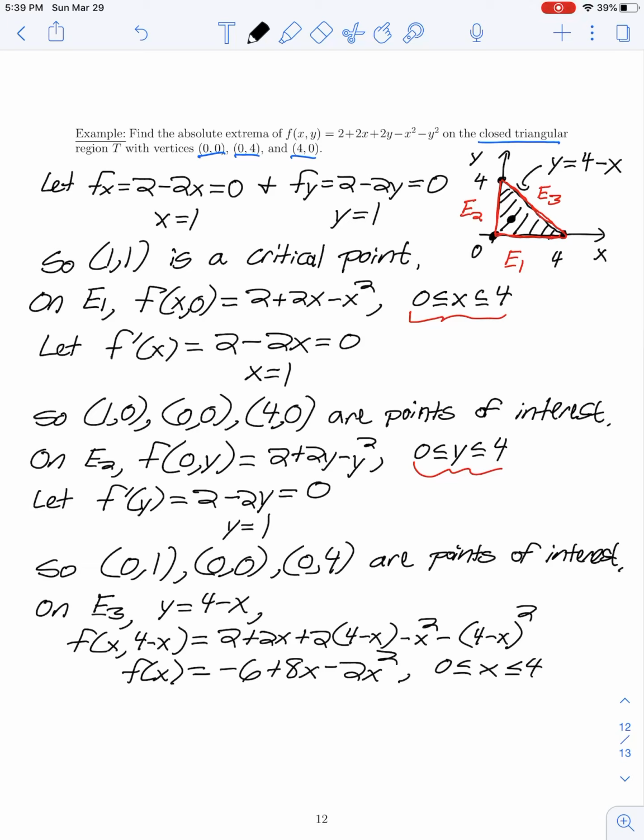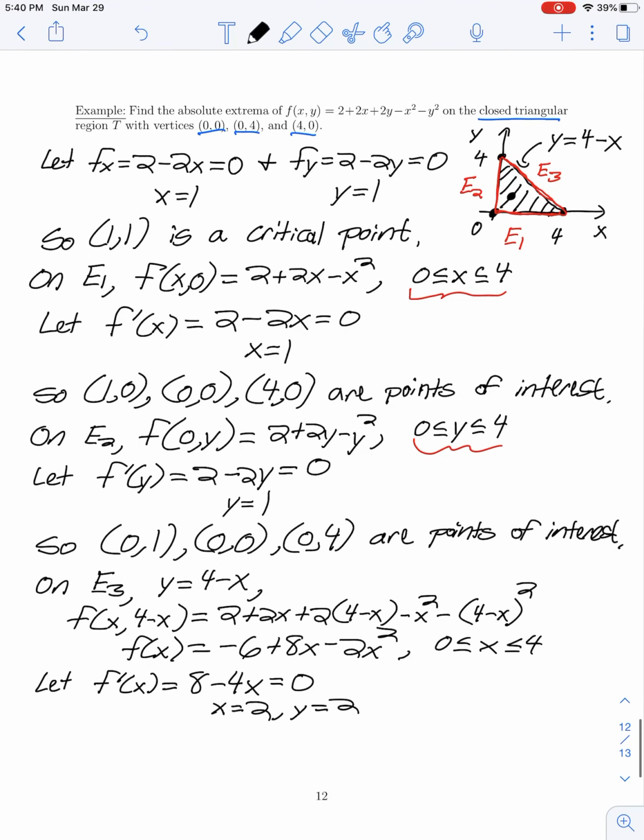So as with the previous two edges, we can reduce our function to a function of a single variable x, and in order to determine where that function has its extreme values, we would take the derivative f prime, which in this case is 8 minus 4x, and set it equal to 0, giving us x is equal to 2, and y was 4 minus x, so y would also be 2.